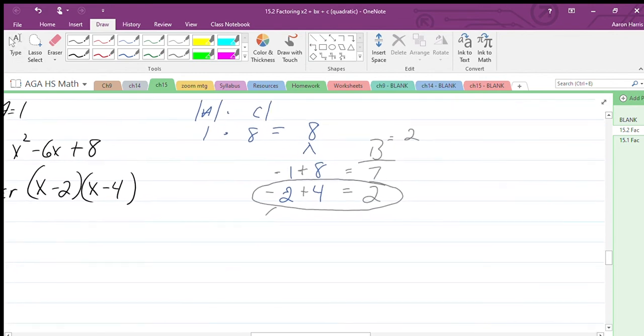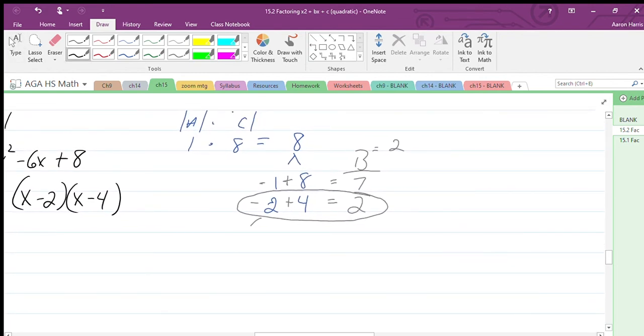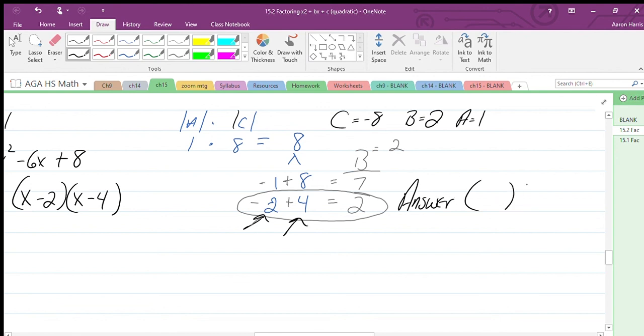So now I come over here. Okay, so we found that these two were going to work when what? C was equal to negative 8, B was a positive 2, A is always equal to 1 because that's the way we're factoring, right? So my answer in factored form, write your parentheses.